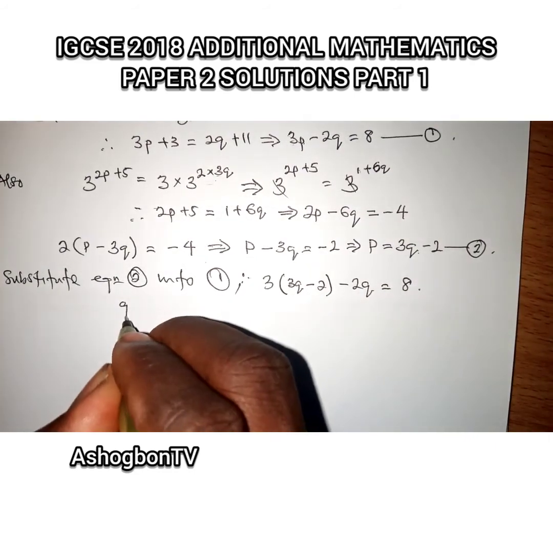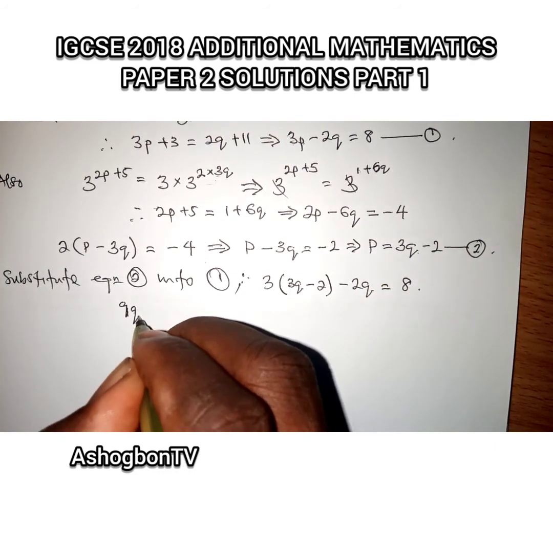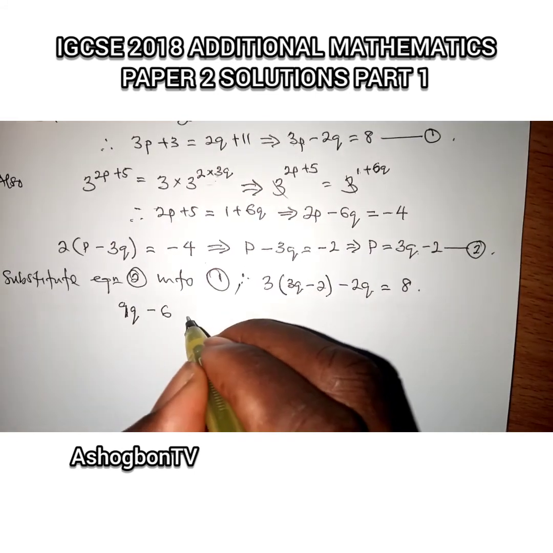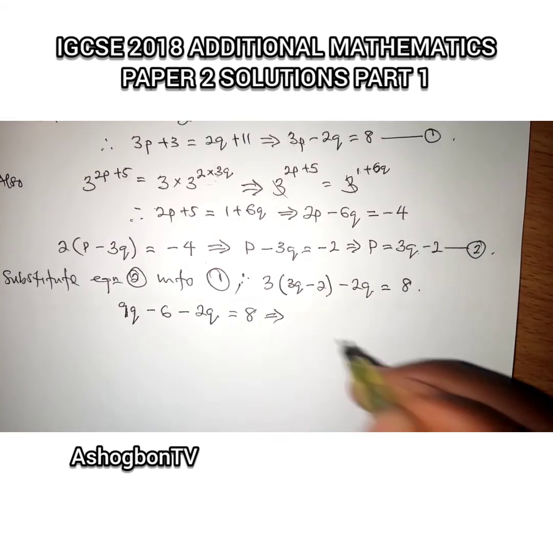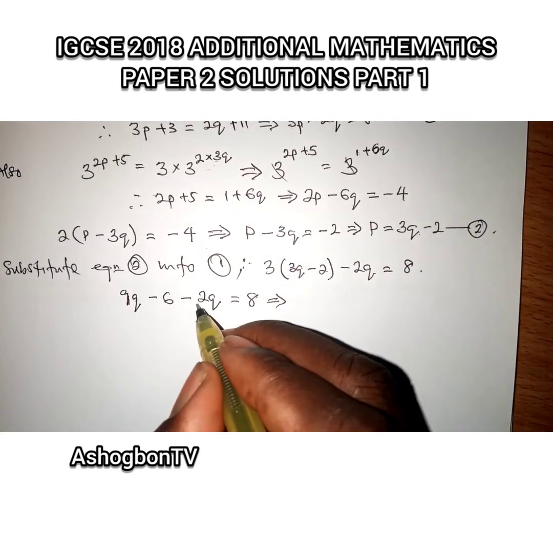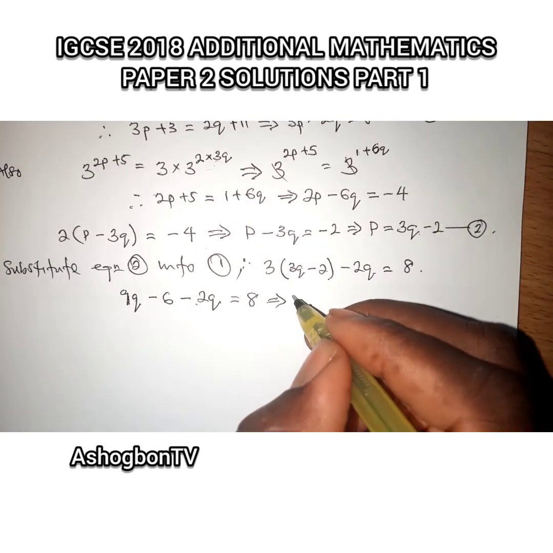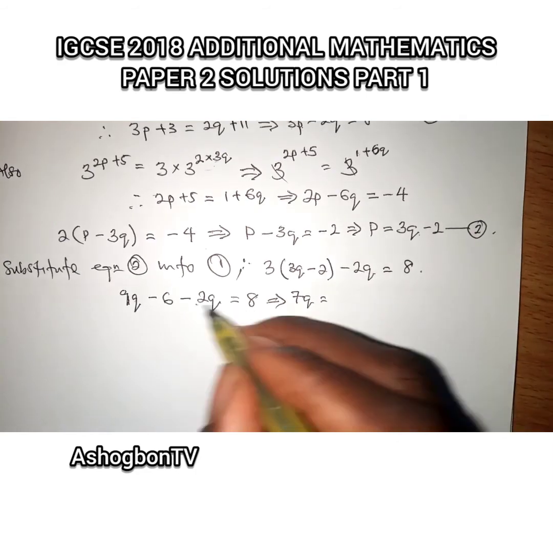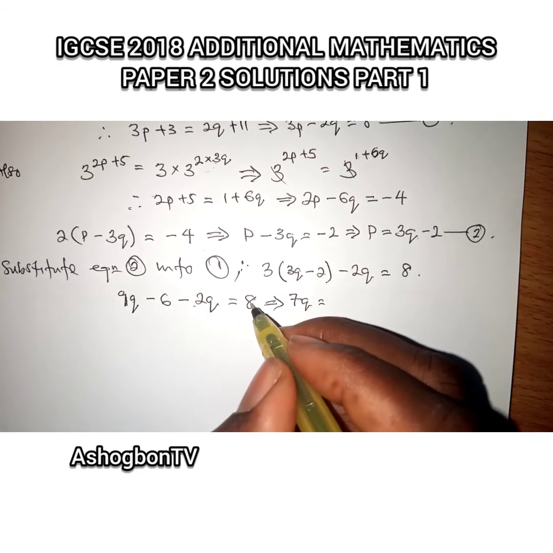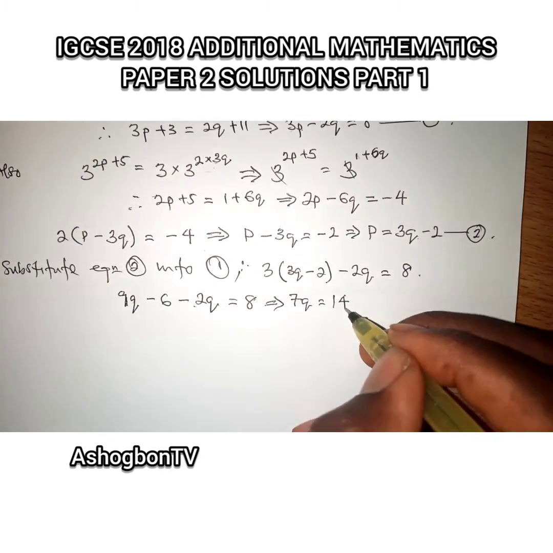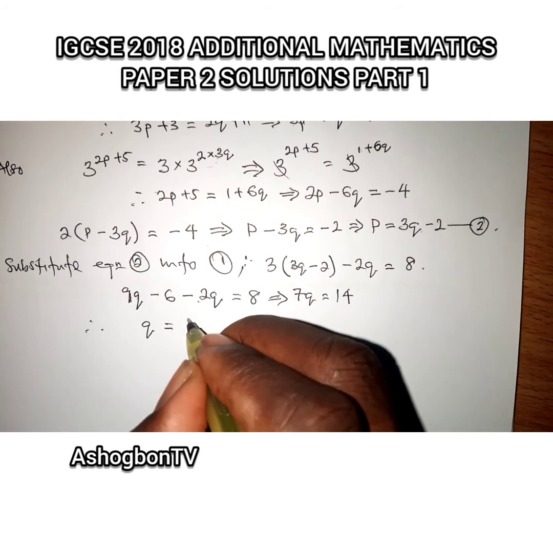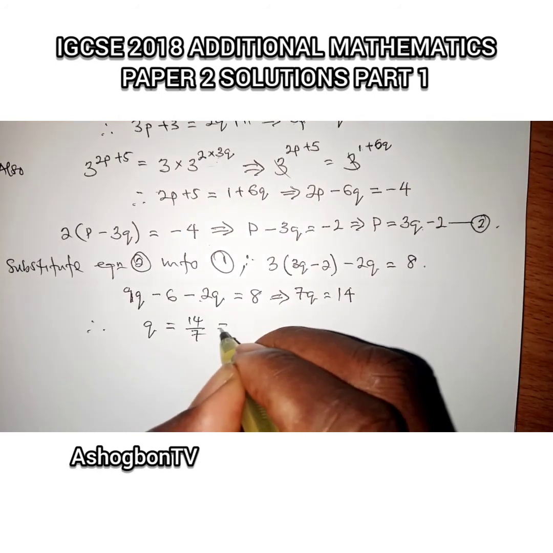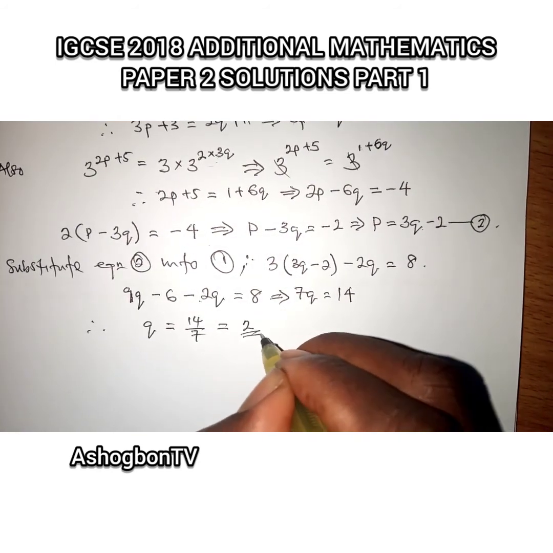This will give you 9q minus 6 minus 2q equal to 8, which simply implies that 9q minus 2q is 7q. If I take minus 6 to the other side, I will have plus 6 here, so 8 plus 6 is 14. Therefore, my q will be 14 divided by 7, that will be equal to 2.